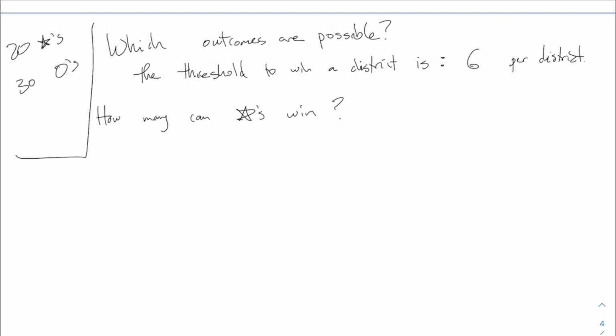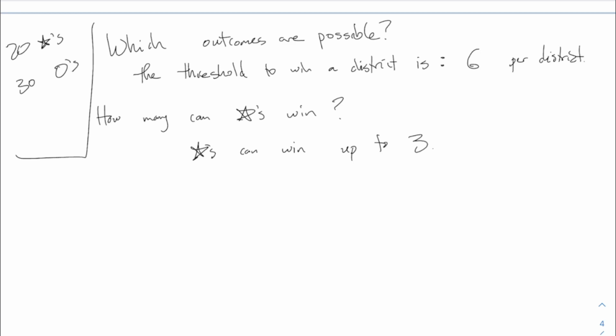The stars can win 3. You need 6 to win each district. There are 20 of them. If they want to win 3, that requires 18, right? 6 times 3 is 18. And that is possible. But to win 4 would require 6 times 4, which is 24. That's too many. So the question, how many can the stars win? The answer is the stars can win up to 3.